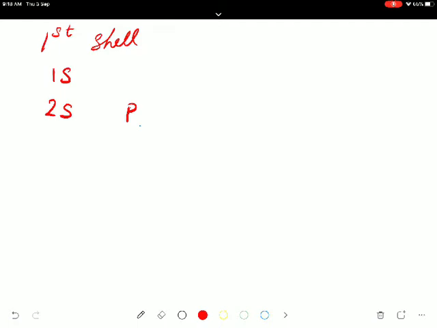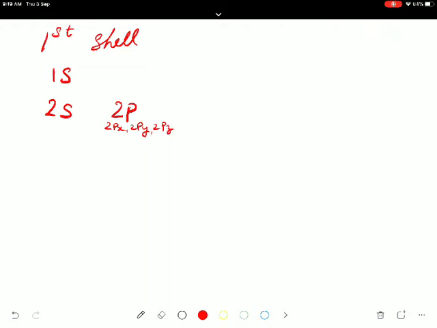So the second orbit has two subshells, 2s and 2p.